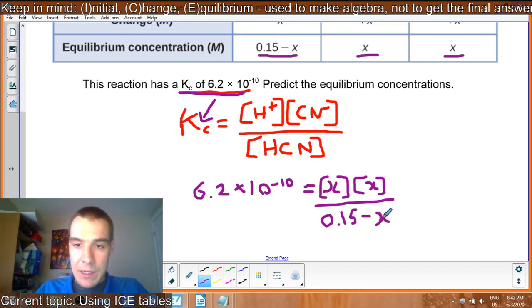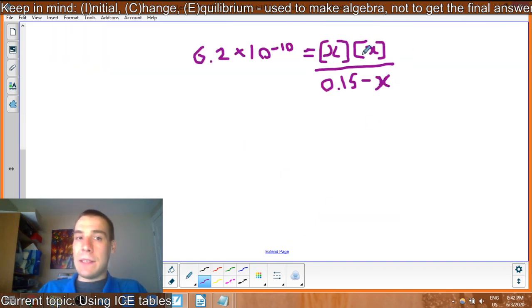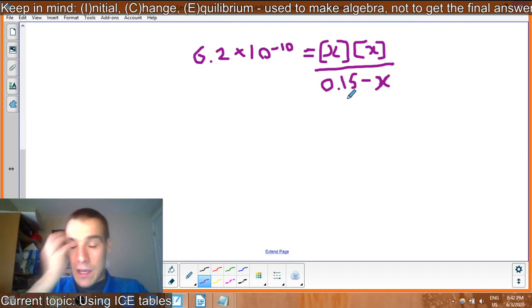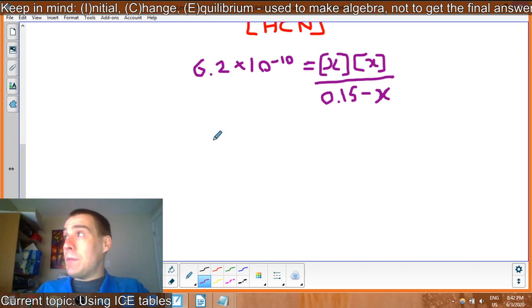And what we're going to get here is actually a quadratic, which is kind of cool. X times X is X squared, over 0.15 minus X. I'll write it out first.